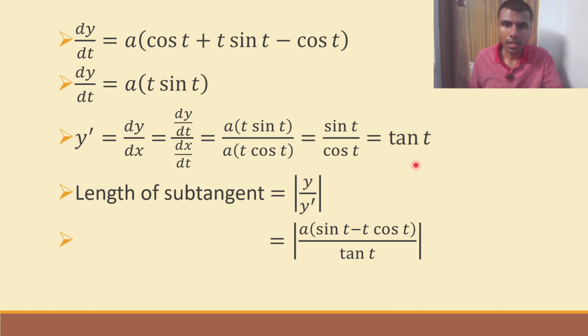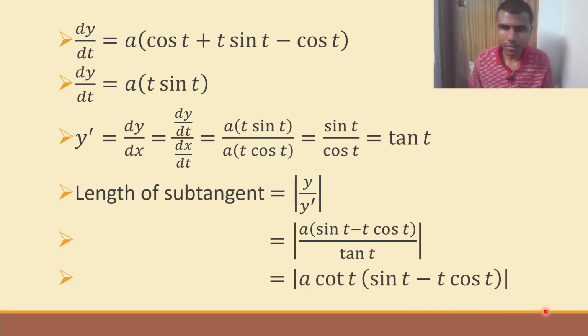Now what is 1 by tan t? It is cot t. So I get a cot t into sin t minus t cos t. That's it, done. You need not simplify it further, because in the textbook also the answer is this. You can stop here.